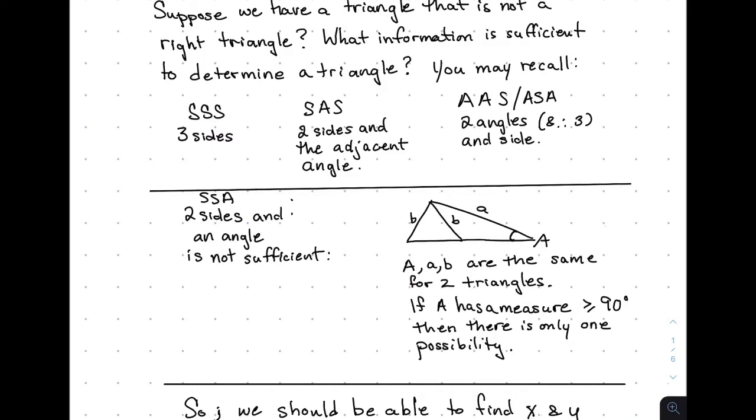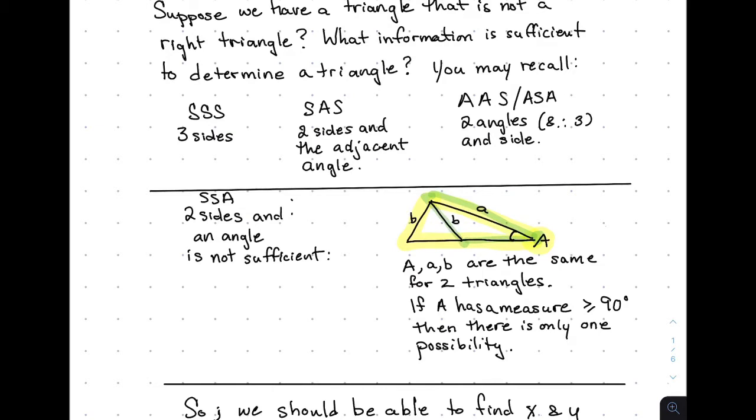We can see that there are two triangles with the same information, angle A and side A, and then using this side of length B, or we have angle A, this A, and this B, and those are two different triangles.